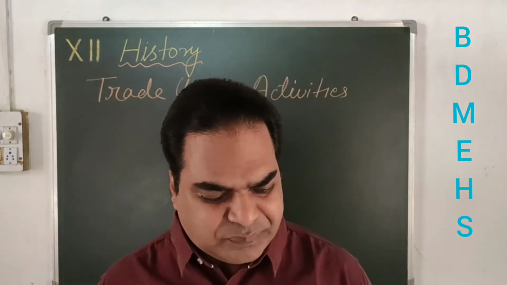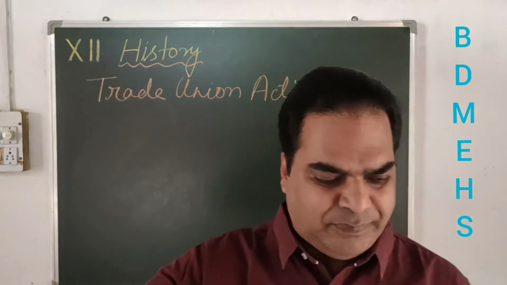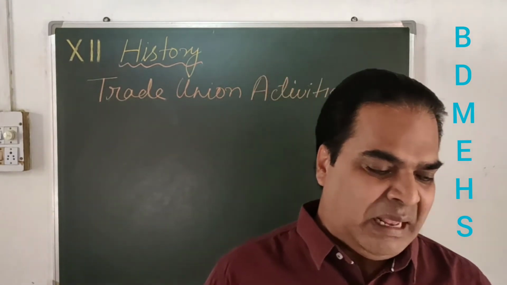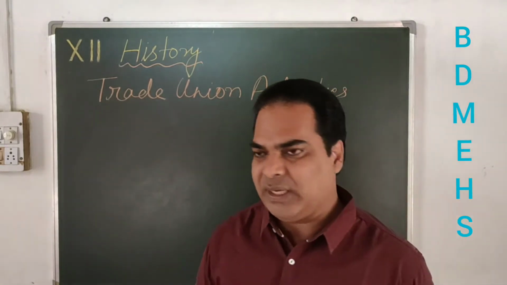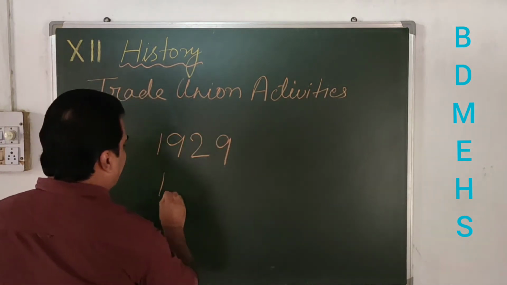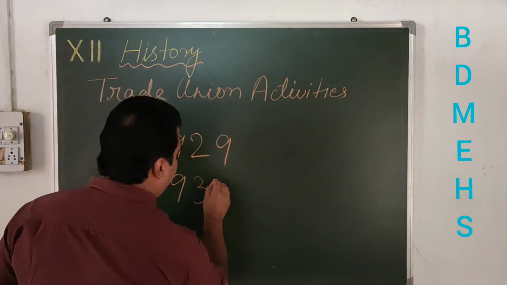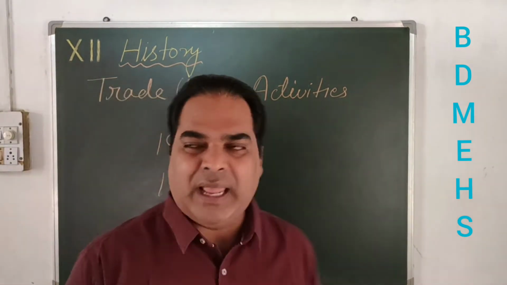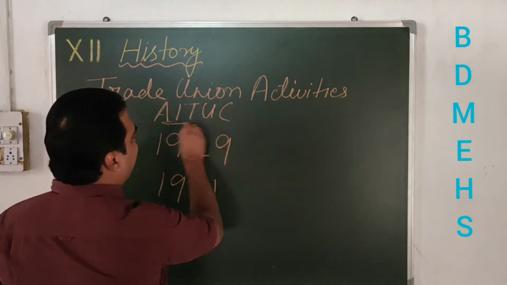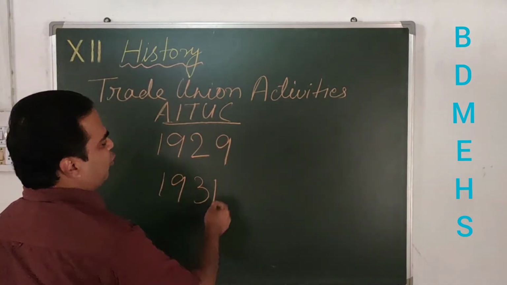Apart from all this, in the meantime, the All India Trade Union Congress was there. In 1929 and in 1931, the AITUC split into two parts.